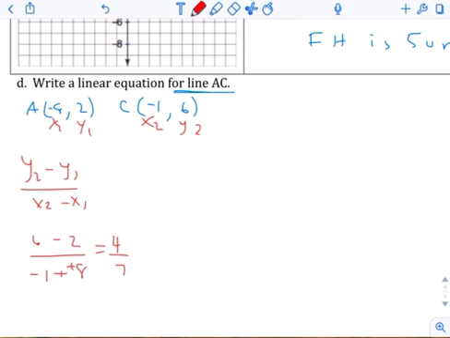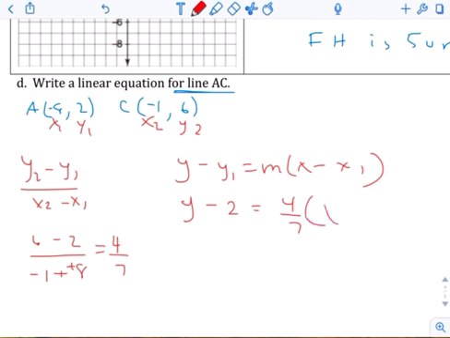Okay, then you do point slope. y minus 2 equals 4 over 7 times x minus -8. y minus 2 equals 4 over 7 x. You guys finish the rest, right? That becomes a plus 32 over 7.